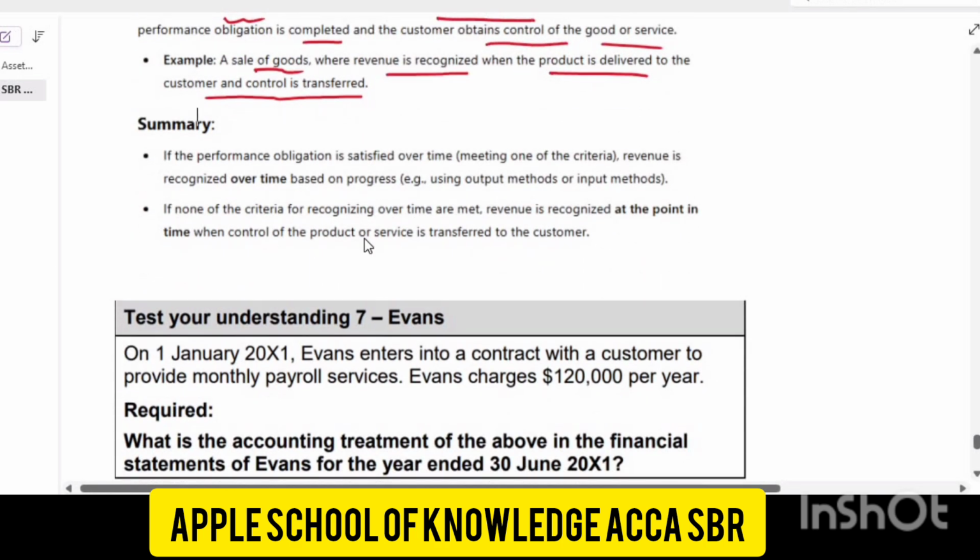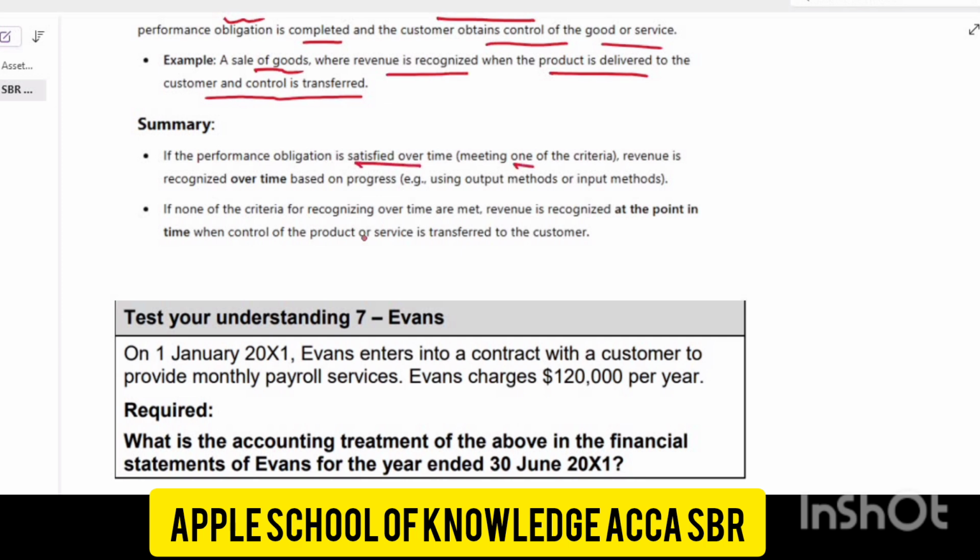So in summary, if the performance obligation is satisfied over time, meeting one of the criteria, revenue should be recognized over time. And if none of the criteria are met, then you recognize the revenue at a final point in time, when the control of the product or service is transferred to the customer.